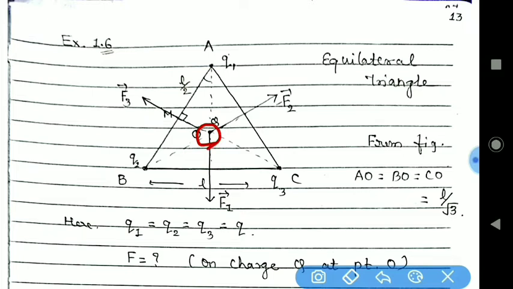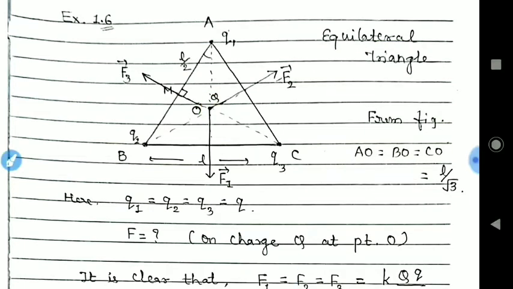Now let us see the proper method to obtain the force on this charged particle Q. Here in the given condition, the charges which are kept at the vertices are the same, that is Q. They are the same in magnitude. Also it is an equilateral triangle, so the lengths of all the sides are also the same.